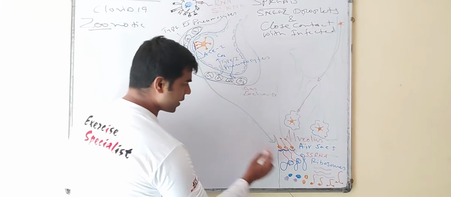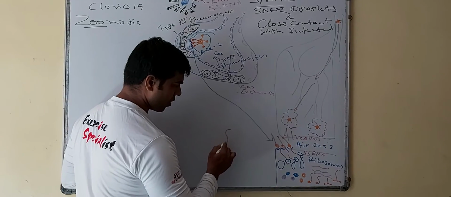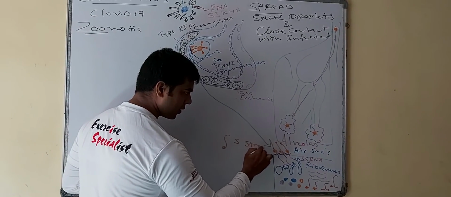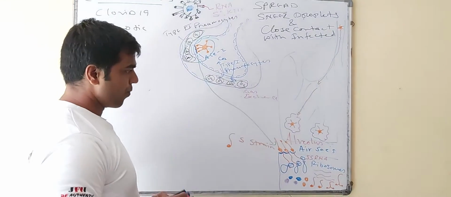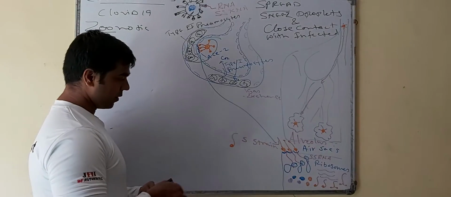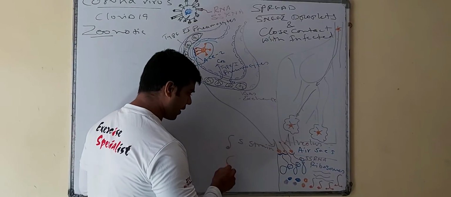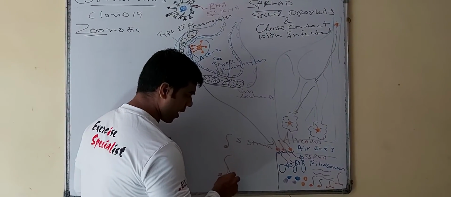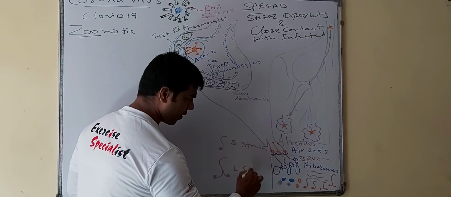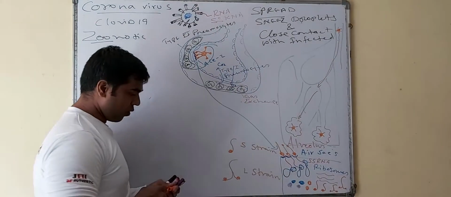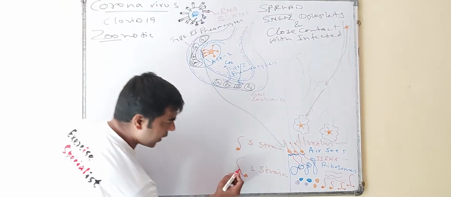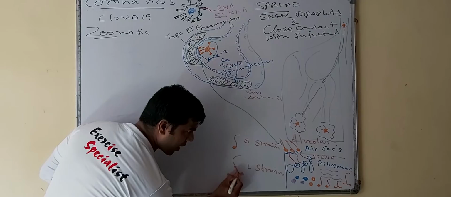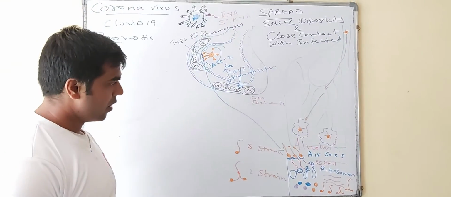So let's understand what the S form is. This is called the S strain. This is a type of coronavirus matured there, and then there is the L strain. At the point where L takes place, this is a mutation point where the L strain is formed, right?